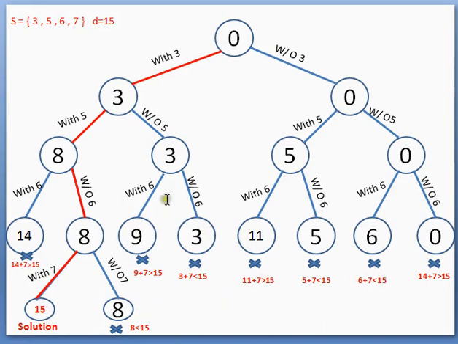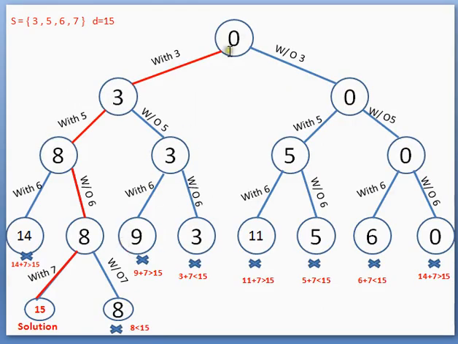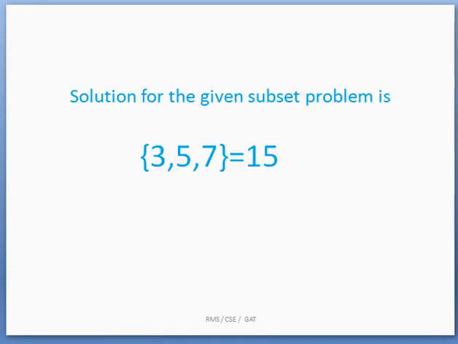So now after constructing this complete tree, we can conclude that there is one possible solution, and the solution is, you can see the tree here starting from root. Red color I have given 0 to 3, 3 to 8, 8 to 8, 8 to 15, that is with 3, with 5, without 6, with 7, that means 3 comma 5 comma 7.